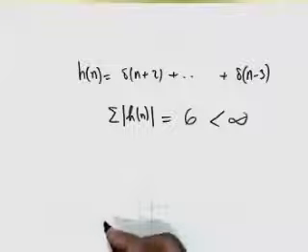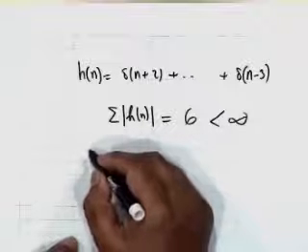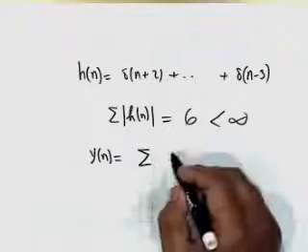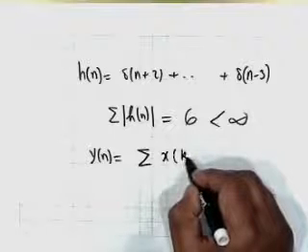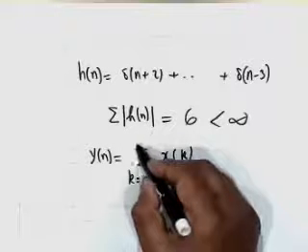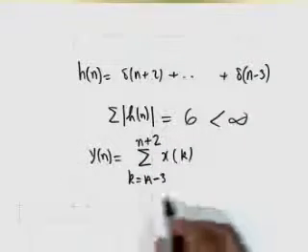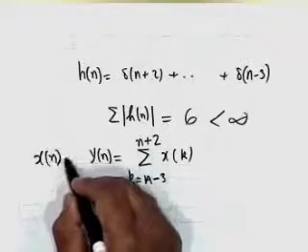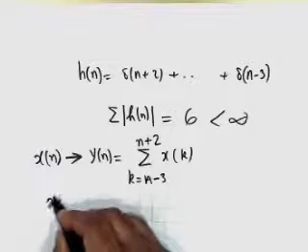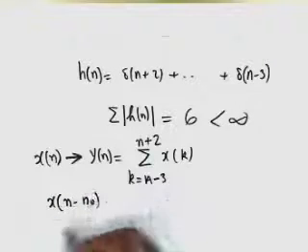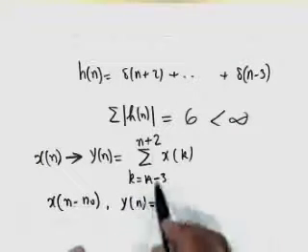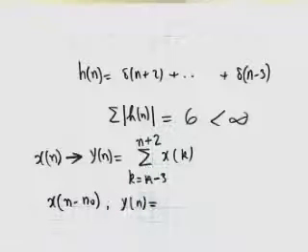And finally, the tricky question, whether it is time invariant or not. Various proofs have been suggested, but the correct proof would be this: the output is the sum of x of k, k equals n minus 3 to n plus 2. The input is x of n and the output is y of n. If you want x of n to be delayed, some of you delayed the limits.